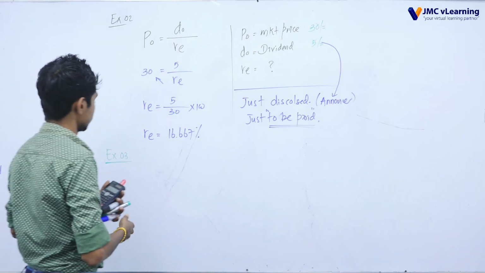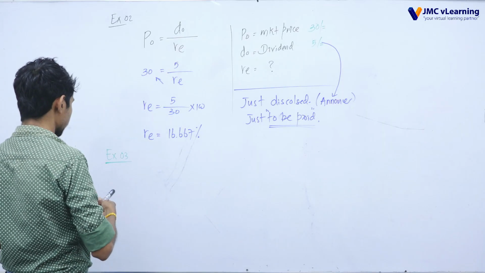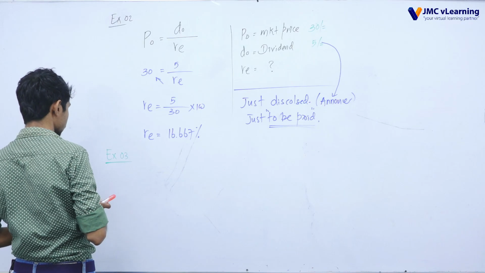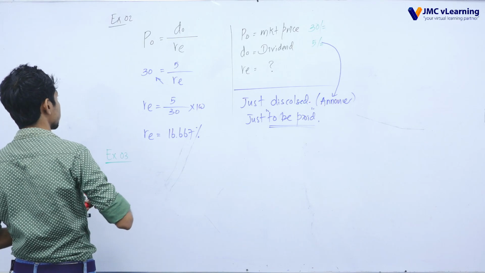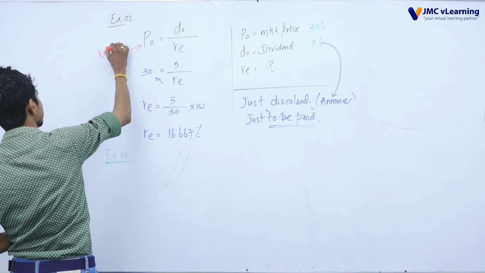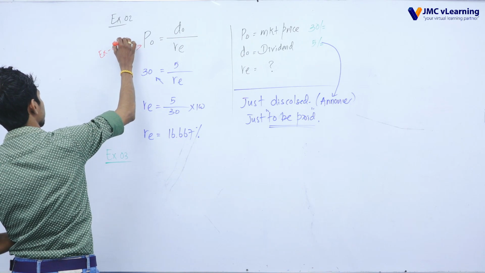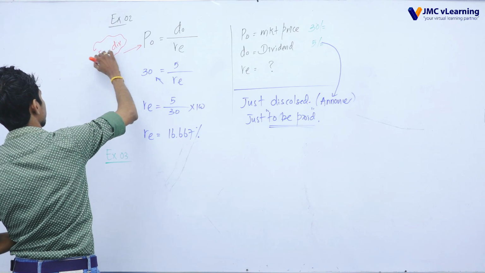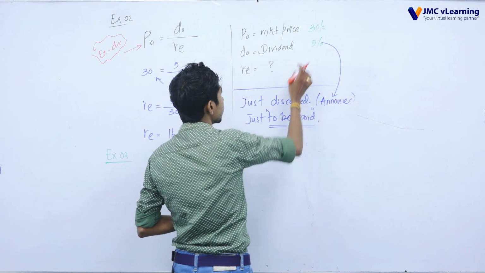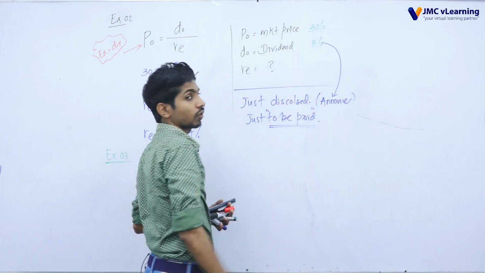That means here this price P0, the current market price, should be the ex-div price. Here, just paid means that price included that 5 rupees.